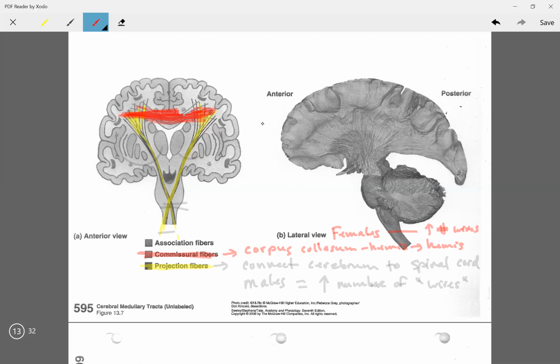Okay, some brain scans, functional MRI of the brain, and stuff like that have shown that over and over again. This is why, so the higher number of wires in females in the corpus callosum is what kind of stereotypically gives women the ability to multitask. And the higher projection fibers in males gives them the ability to be more compartmentalized, right? To focus on one thing at a time.